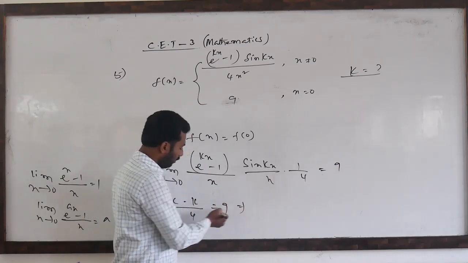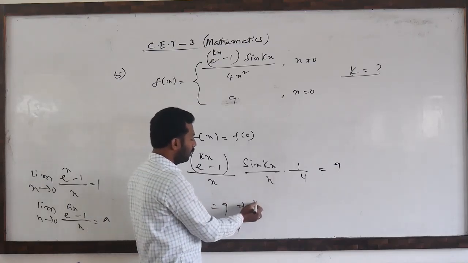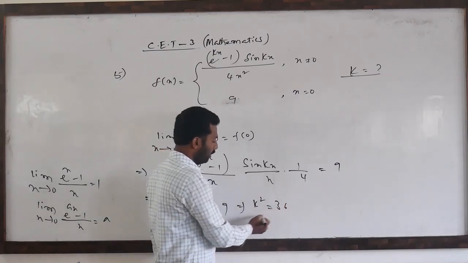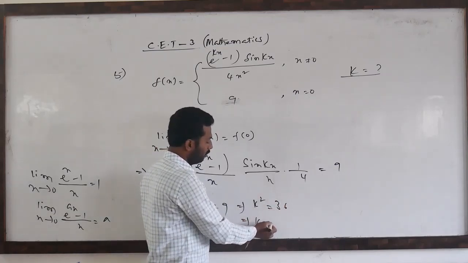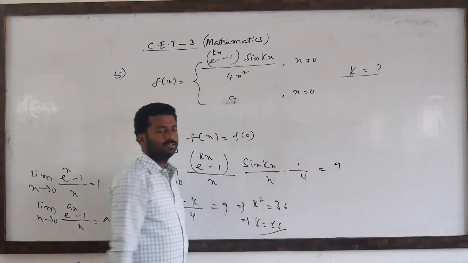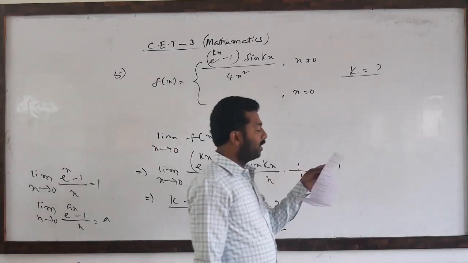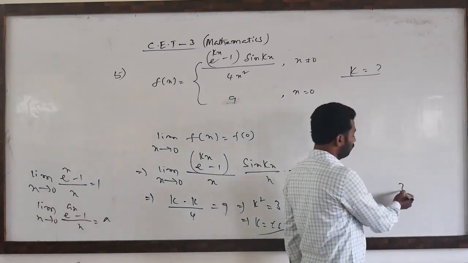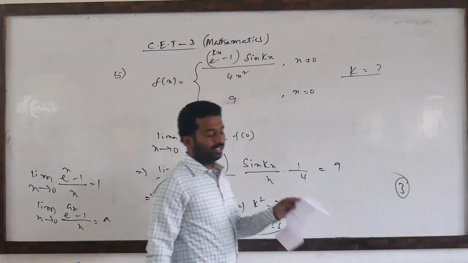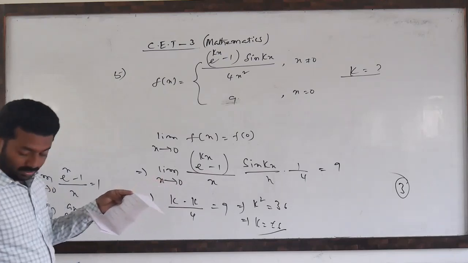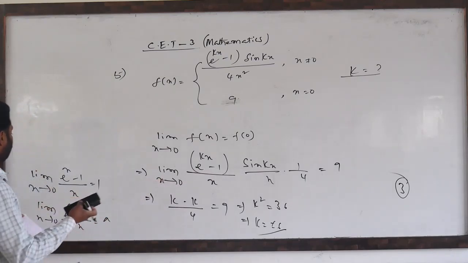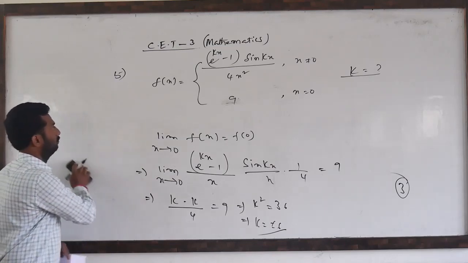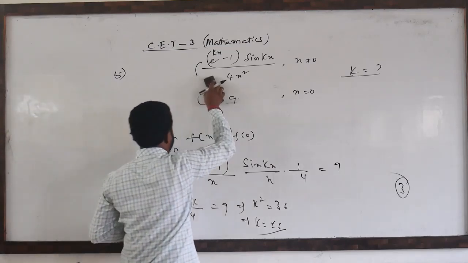So k into k means k square equals 4 into 9, which is 36. So k equals plus or minus 6, which means option number 3 is the answer. Next, number 6.